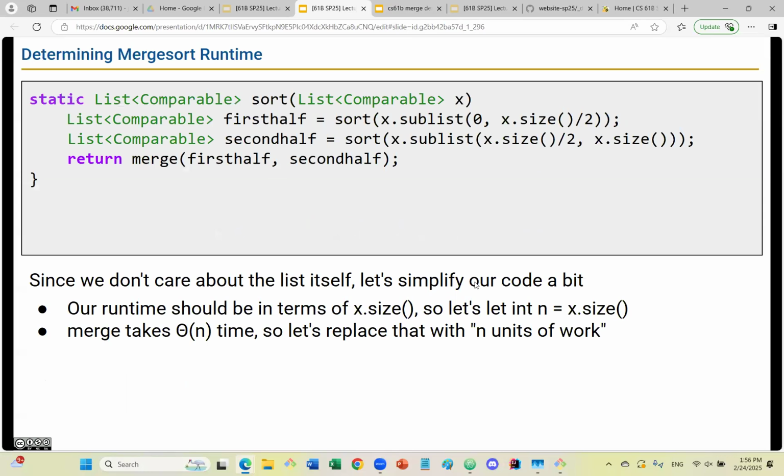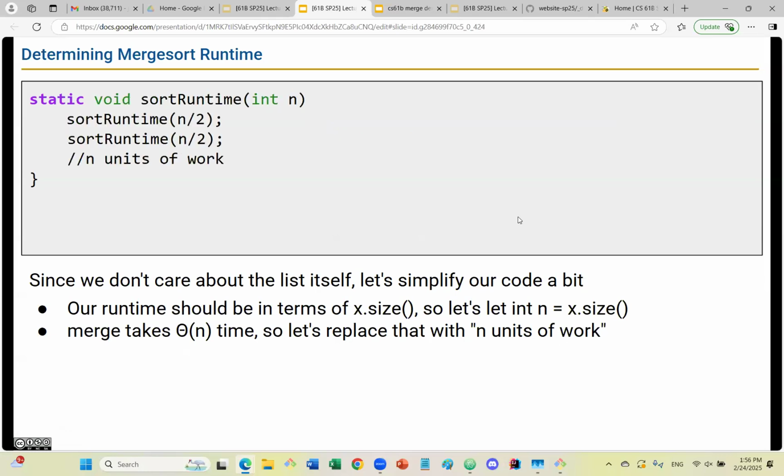So let's try and figure out the runtime of this method. What I'm going to do first is simplify this down. Our runtime, we want it to be in terms of the size of the array. So I'm going to say the value of n is whatever the size of x is. And merge is going to take theta n time, so I'm going to say that's the same as n units of work. If you simplify it down, it looks like this.